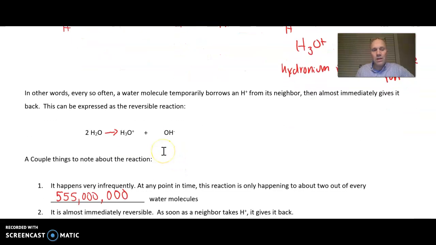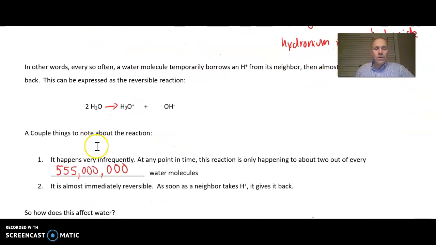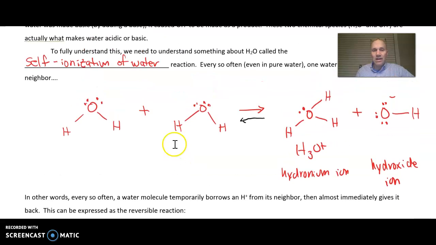Again, a couple things about this reaction. First of all, it happens very infrequently. Even though it does happen some, if you've got a sample of water, well over 99.999% of the molecules are just going to be plain old water molecules.